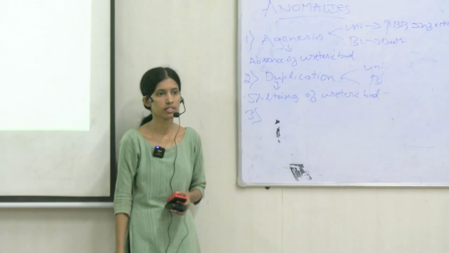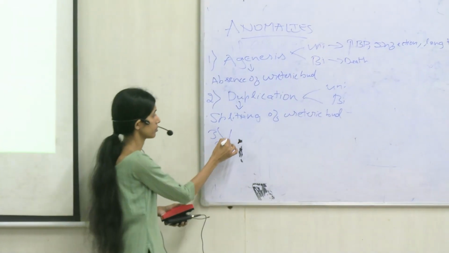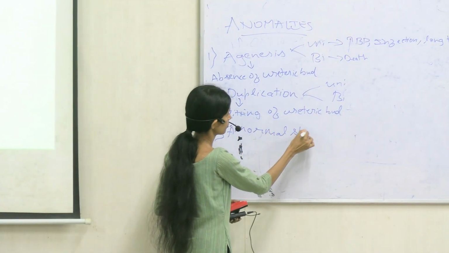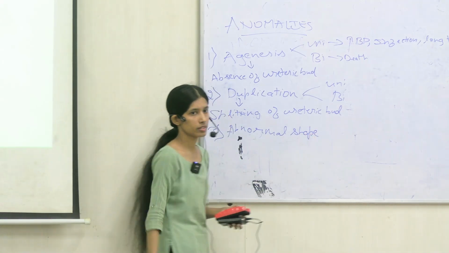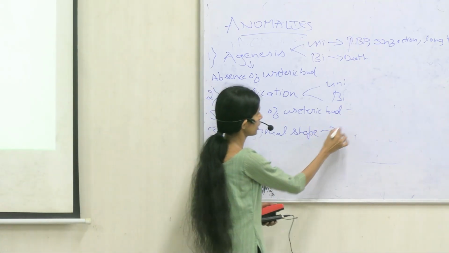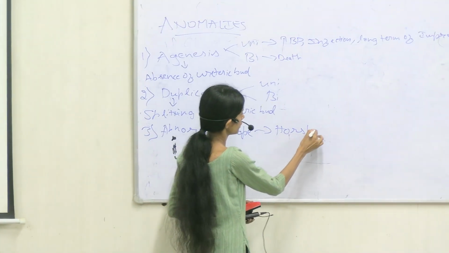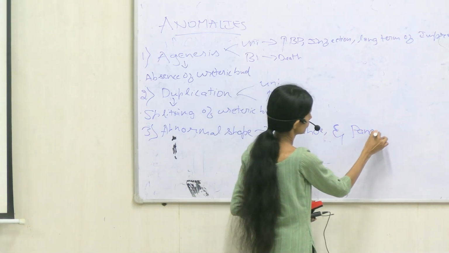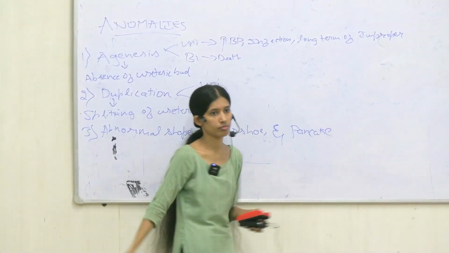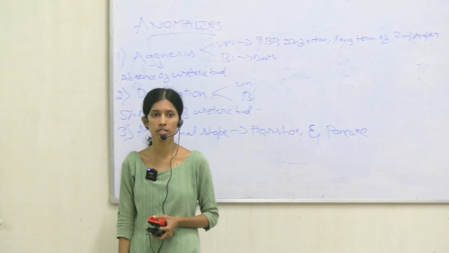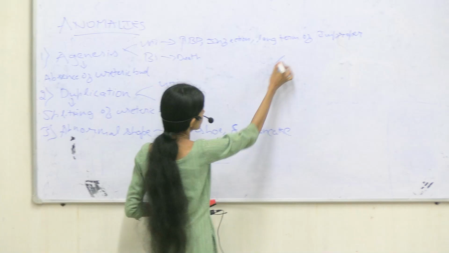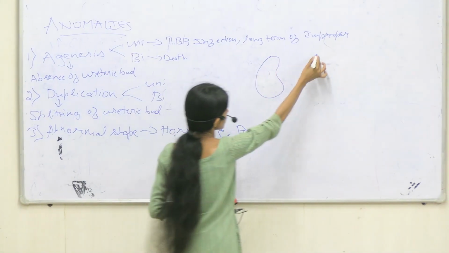Next condition is abnormal shape. The two important ones are horseshoe kidney and pancake kidney. What happens in the horseshoe kidney? This is the kidney.